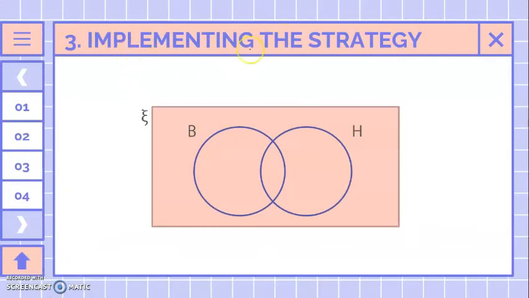The third one is implementing the strategy. So from the questions, you have people who attend both Bahasa Melayu and history. So you have two sets here, Bahasa Melayu and history, 50 people, so 50 goes here.